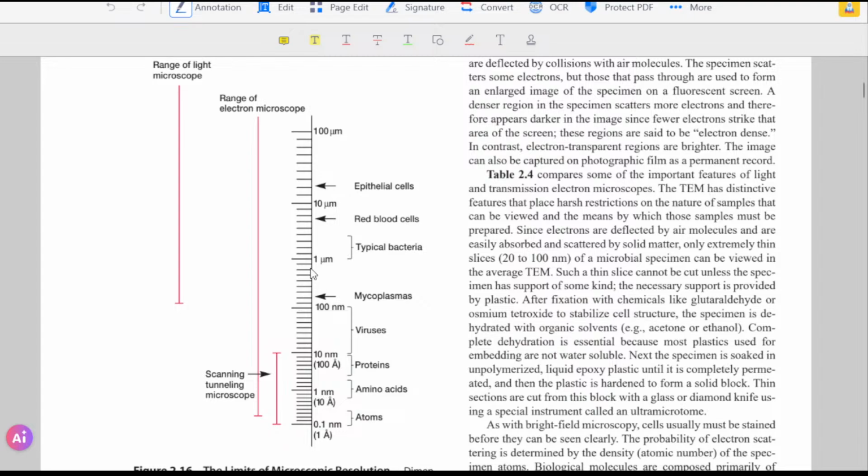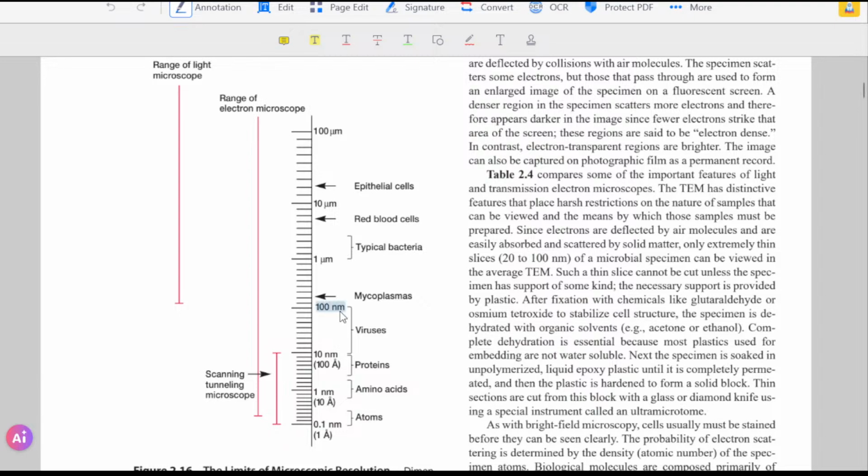100 nanometer, 10 raised to power minus 9, and it will be 10 raised to power minus 7. Oh, this is not the same.